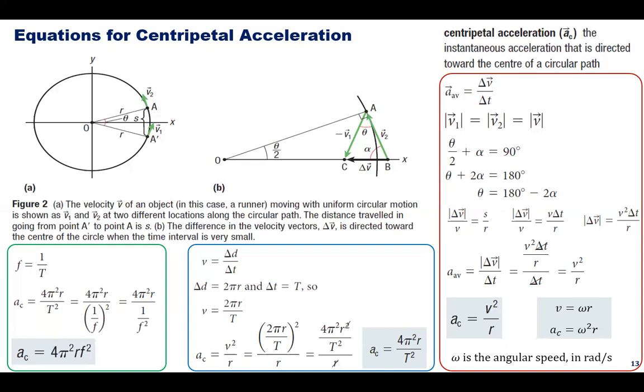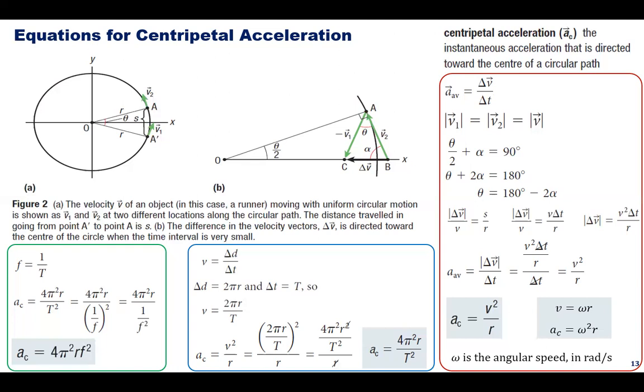To calculate the centripetal acceleration, we now consider the example of a runner moving at a constant speed along a circular track. The velocity of the runner changes with time and is always tangential to the circular path, as shown here in figure 2.